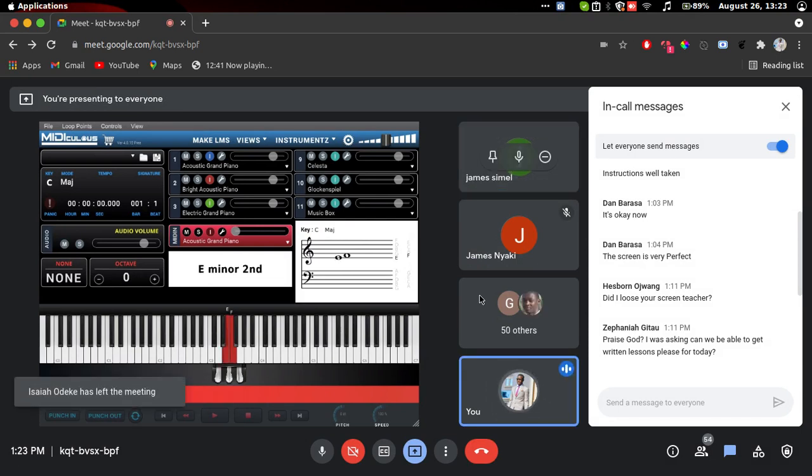Well done, James. Key E. Up to that point, is there anyone who does not understand half steps and semitones? Half steps are technically semitones. Is there someone who does not understand half steps or semitones?